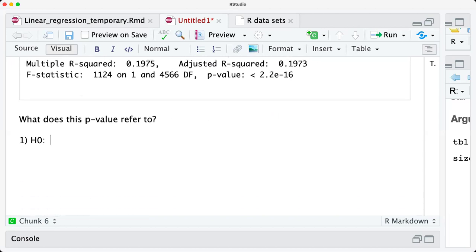Our hypothesis 0 is that beta 1 is equal to 0. Our beta 1, the one we find, will never be exactly equal to 0. And the alternative hypothesis is that beta 1 is not equal to 0.